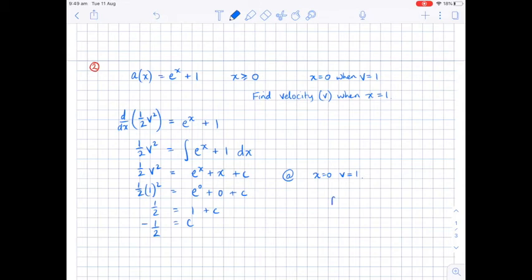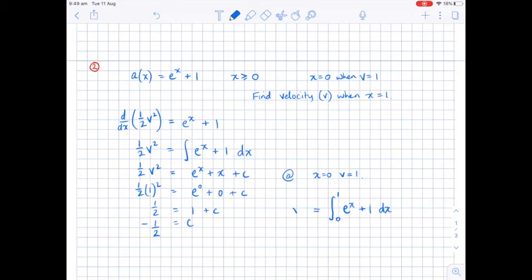Now, just for the record, I could have used this shortcut, which is the numerical method, using a definite integral to find c in one step. But what I do have to remember if I'm going to use this technique is that I want to find the velocity when x equals 1, given that when x equals 0, the velocity is equal to 1.